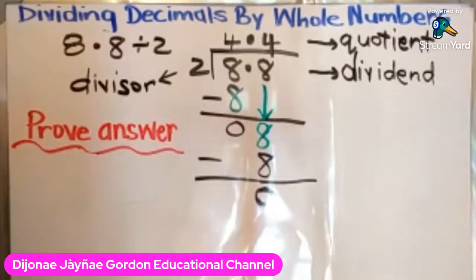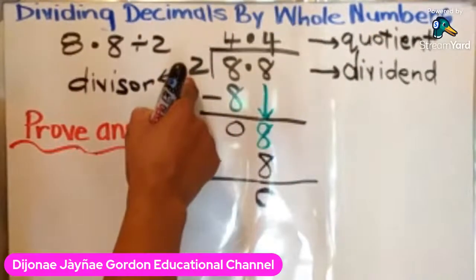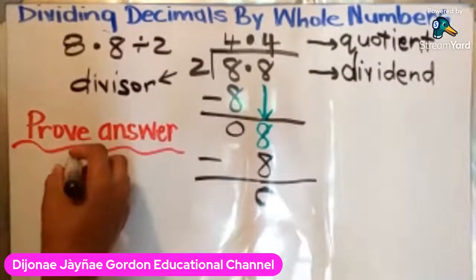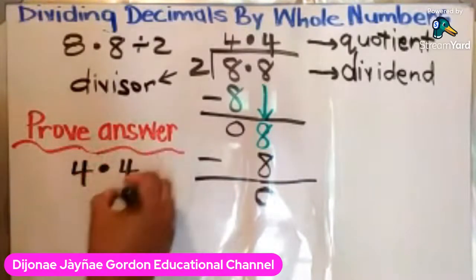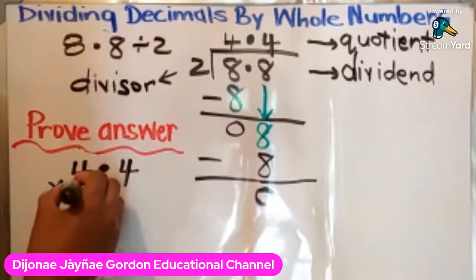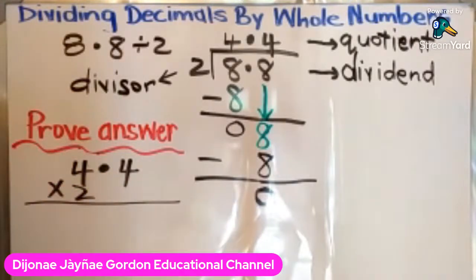All right. So let's do the check now to see if our answer is correct. Remember now, to do your check, the first thing you have to do is to write back your quotient and multiply by your divisor. So now I'm going to do it with you. 4.4 multiplied by 2. And of course, look carefully.